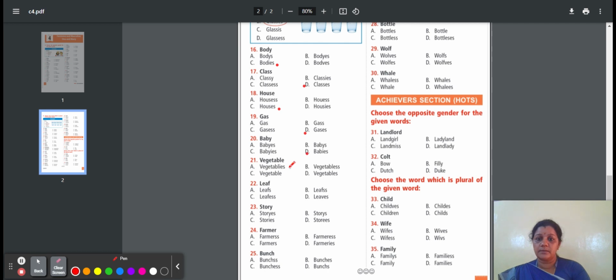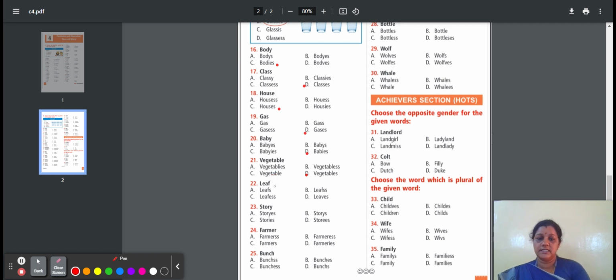21, vegetable. Here this word ends with E, so we have to add just S. So the option is D, vegetables. Rest of the options are meaningless. 22, leaf. Here this word ends with F, so we have to remove this F and add VES.